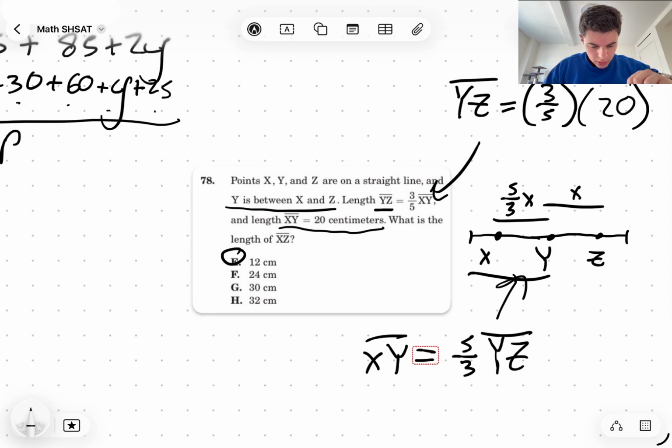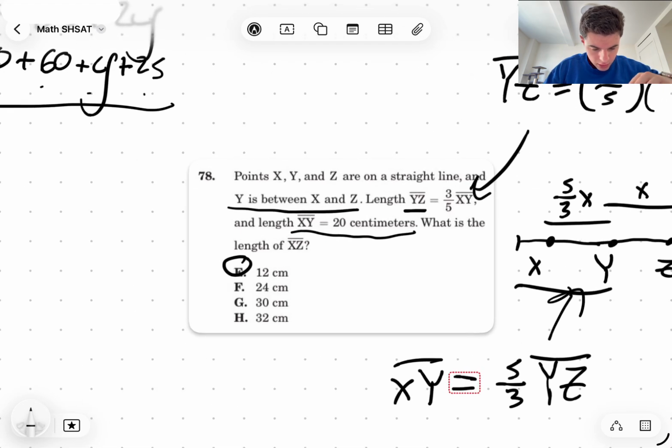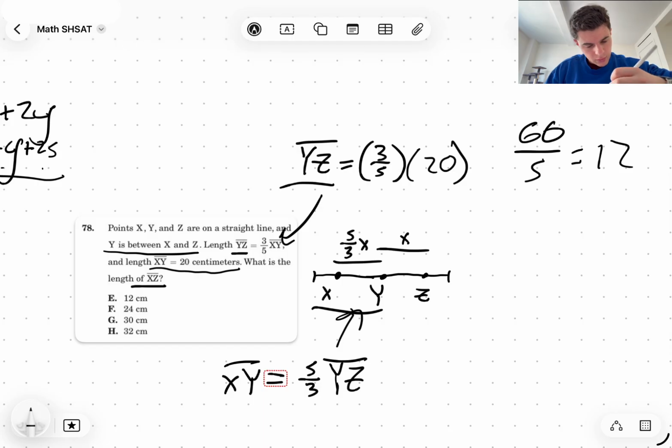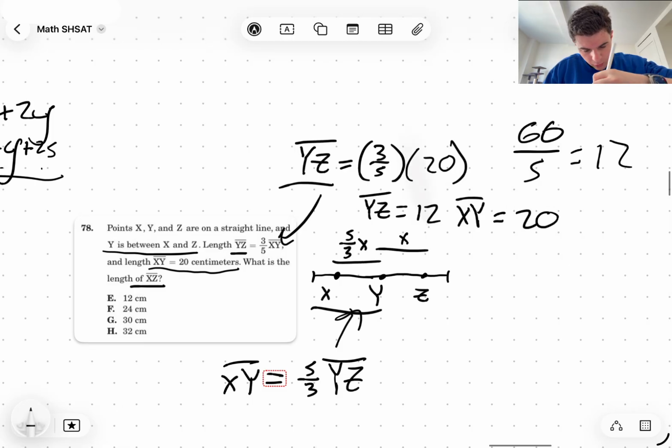However, let me look. That is not what they're asking. I apologize. They're asking for xz. So we know that yz is 12 and xy is 20.